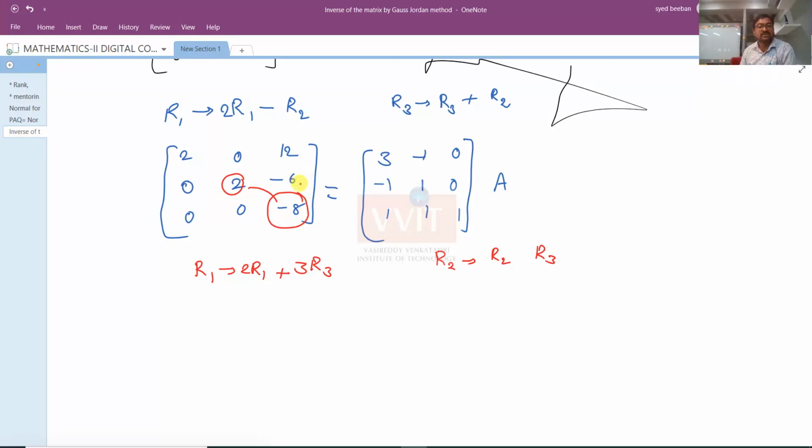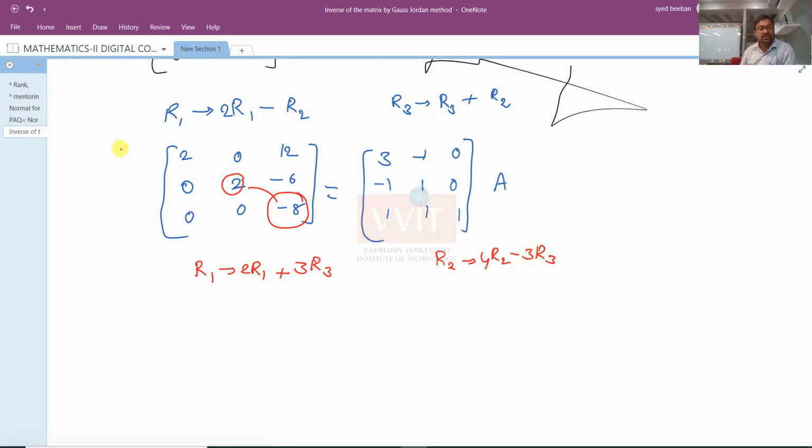What was the LCM of that? 6 and 8? 18? No, it's not possible. 24 again. So 24 means 6 fours are 24, need to multiply with 4, need to multiply with 3, and both are same sign, so I need to change the sign here.